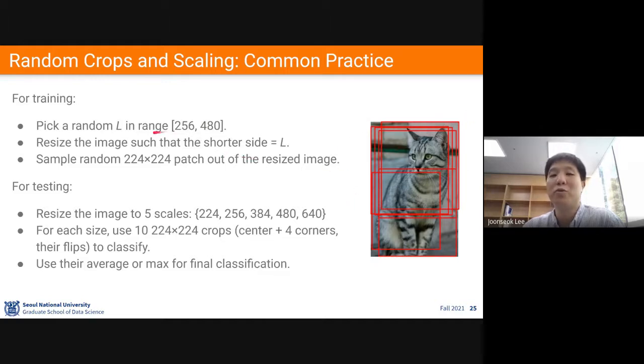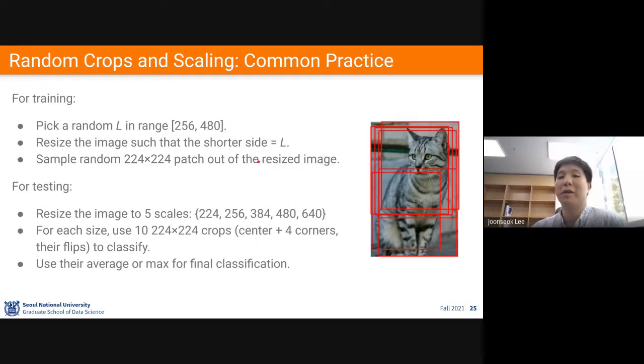So you may choose some random number in this range and take the squared patch, which is the L by R, and you resize the image such that the shorter side is R, and then you random crop a 224 times 224 patch out of the resized image.